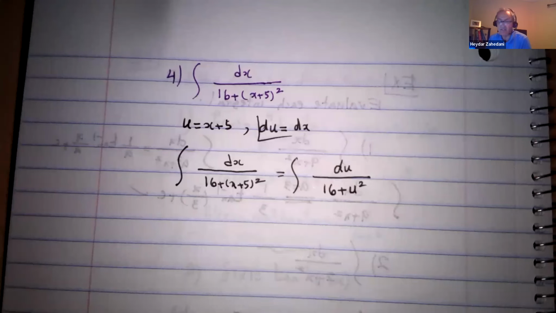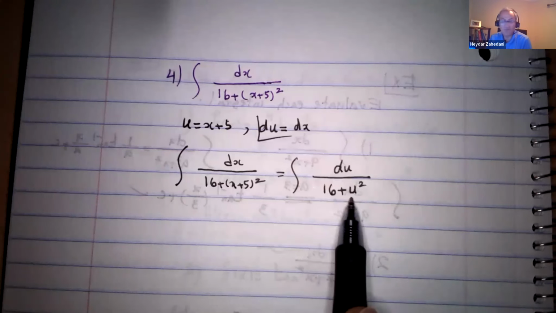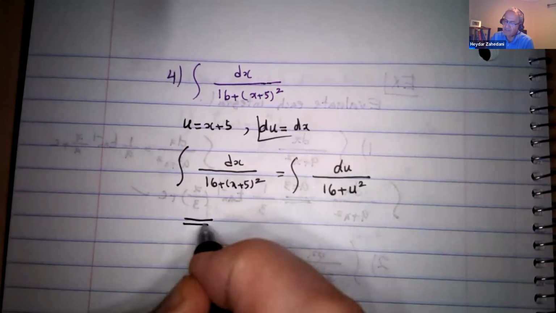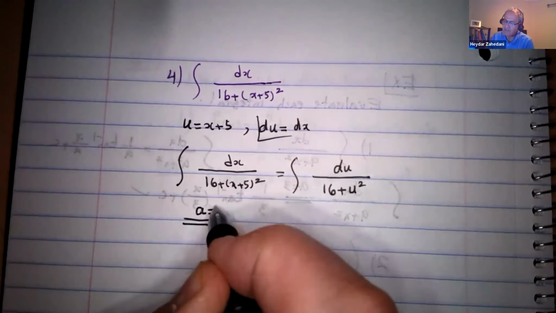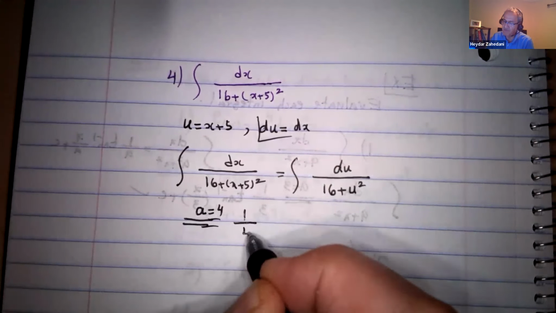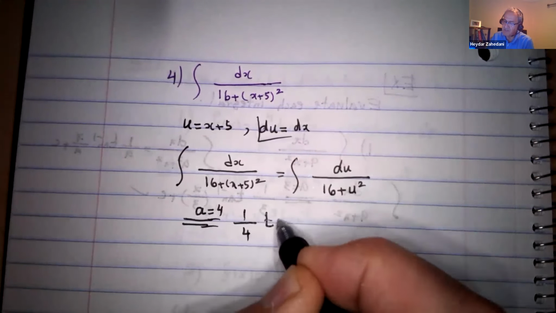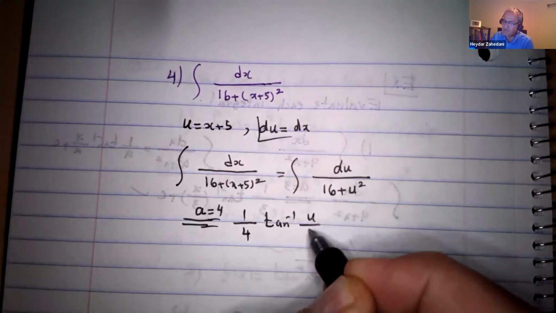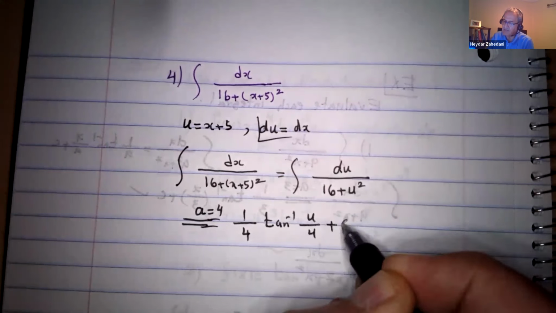So that would be tan inverse type, a squared plus u squared. A squared is 16, so a is 4. And the formula, remember, 1 over a, 1 over 4, tan inverse of u over 4, plus the constant c.